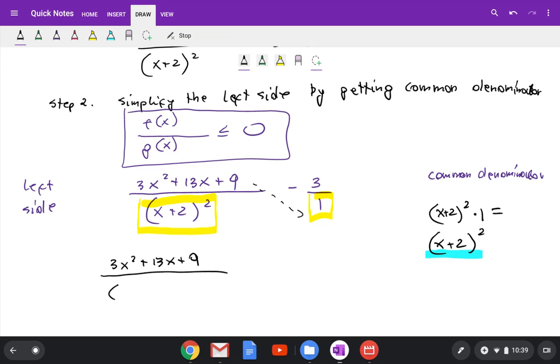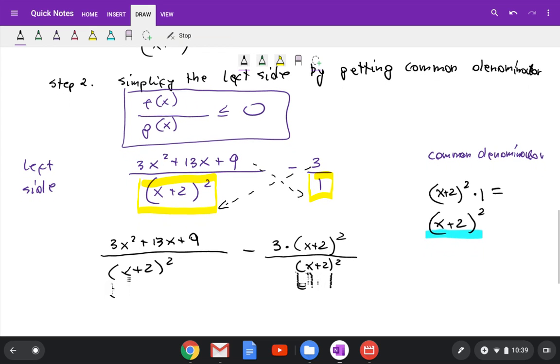Copy your denominator, which is x plus 2 to a second power, minus 3. And the numerator of the second fraction, you multiply by the denominator of the first fraction. So you have 3 times x plus 2 to a second power. And of course, on the bottom, you have x plus 2 to a second power, which is the common denominator.